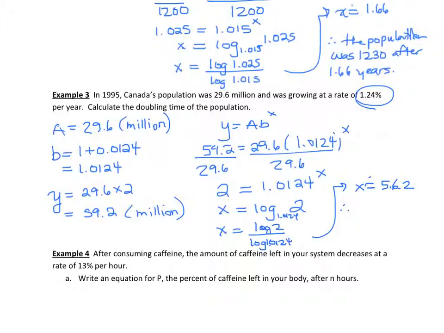Let's try that again. x is approximately 56.2. That's better. So therefore, the doubling time is 56.2 years.